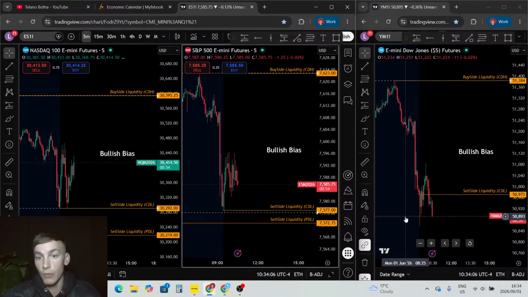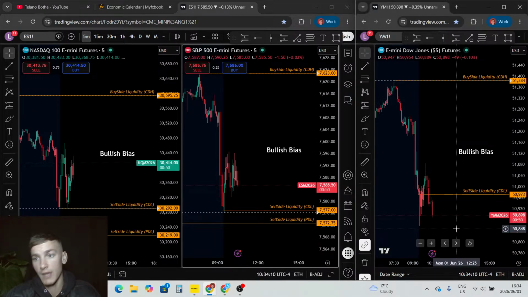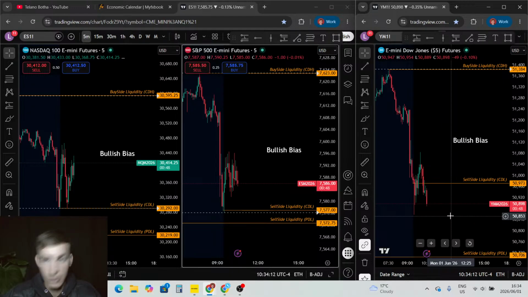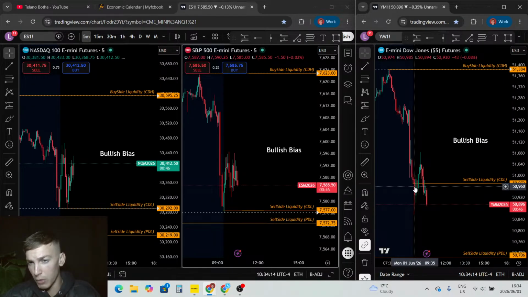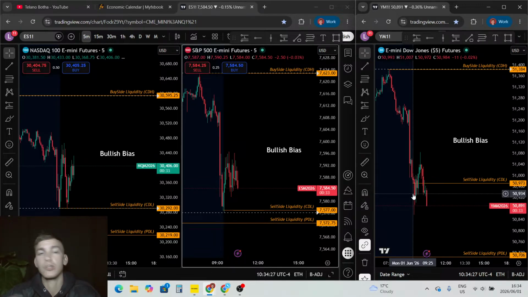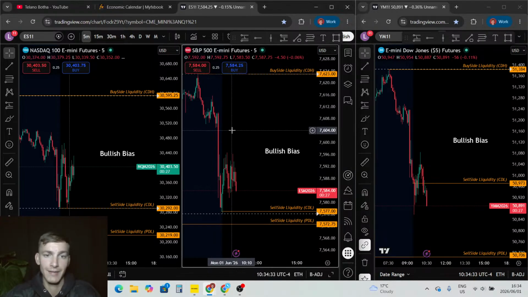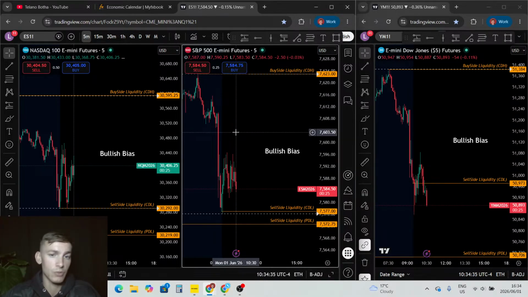Now, we did raid the current day low on the S&P 500 as well as the current day low on the Dow Jones Industrial Index, but you can't even call them a low because it's not a swing low, and that's exactly my point. Perhaps we haven't raided a significant swing low as of yet, which is why we are seeing this lethargic price action. But I do like what I see, and that the S&P 500 does seem to want to go lower.